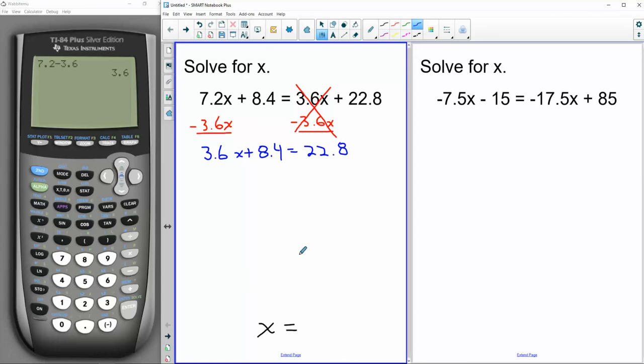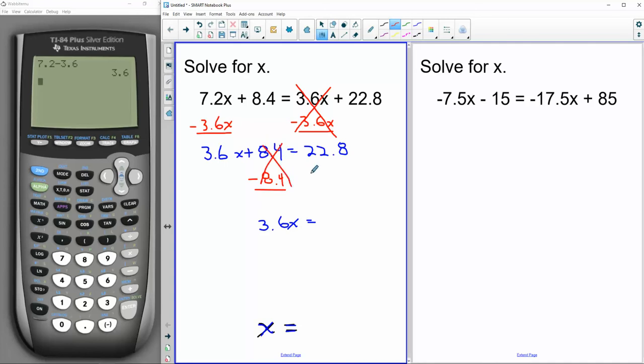So the next thing I'm going to want to do is get just the 3.6x by itself. And then once I do that, I can get the x by itself. So the question is, how am I going to do that? Well, let's get rid of this 8.4. That would give me the 3.6x all by itself.